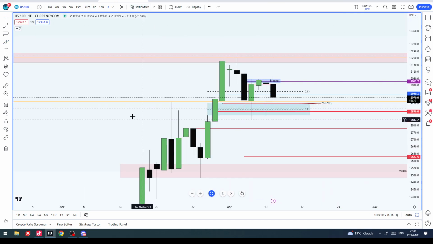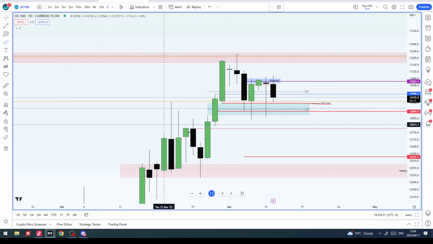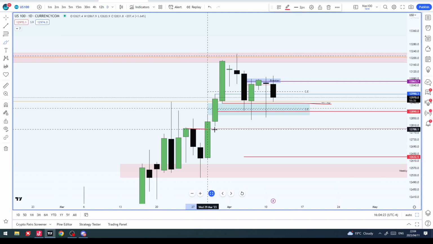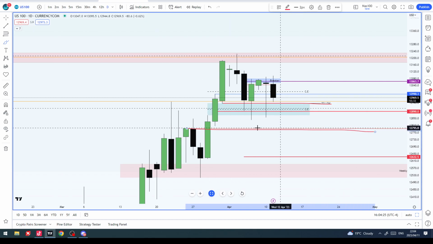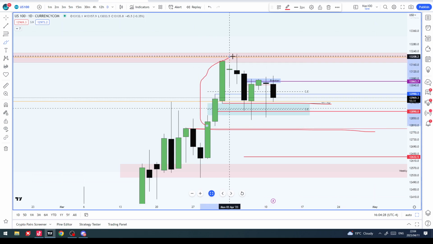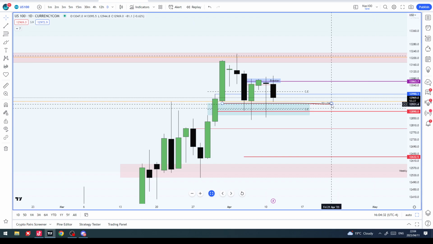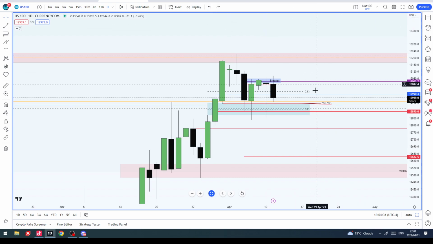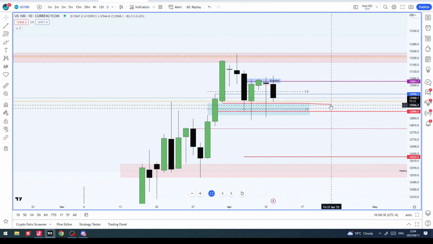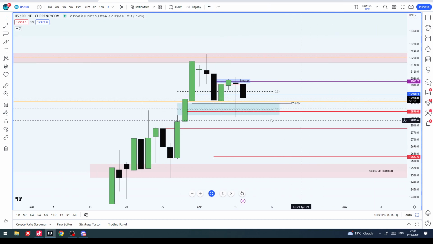Now, if we look at the same theory, everything from here, this line, going up, all running on buy side, right? All up candles. And this is why I said that they need to start printing down candles.